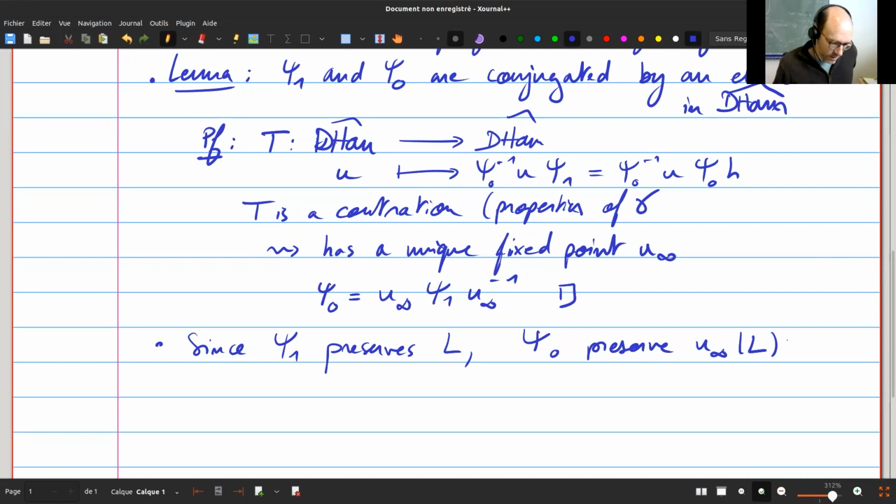But psi 0 is the standard Liouville flow, so the only thing which is preserved is the zero section. So we necessarily have U infinity of L equal to the zero section. And that's how we prove this weak version of the nearby Lagrangian conjecture. All you need to know is the Banach fixed point theorem plus a few elementary constructions.